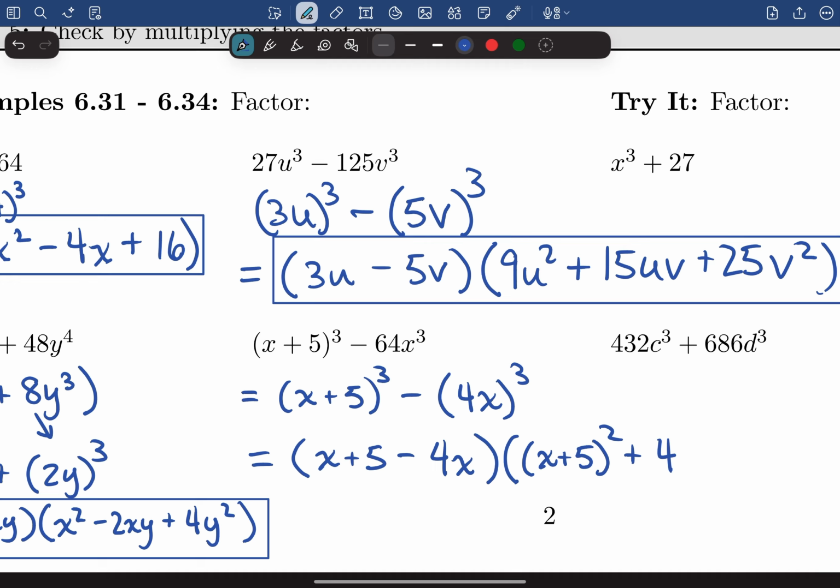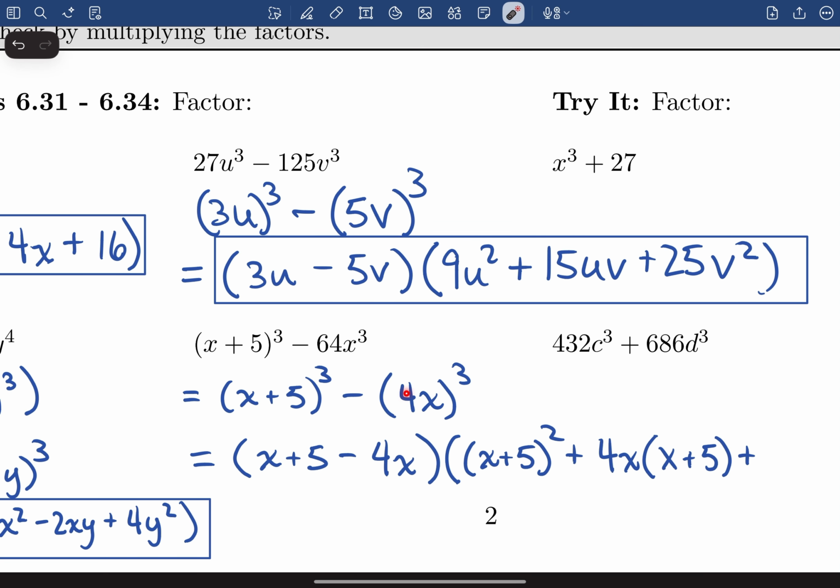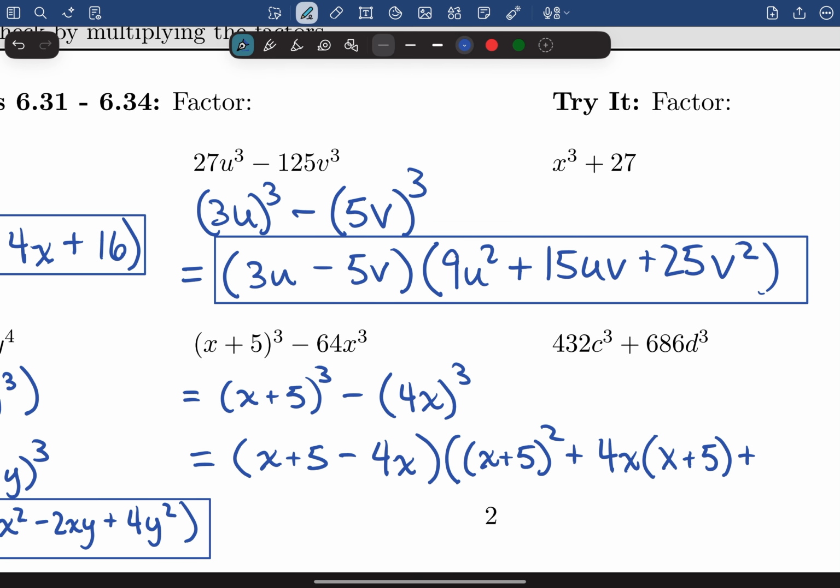Right? I'm multiplying those two things together. I'll write it as 4x times x plus 5 because multiplication is commutative. I can write it in any order I want to. And now I add that with, well, 4x squared. I square that second piece, and 4 squared is 16, and x squared is x squared.